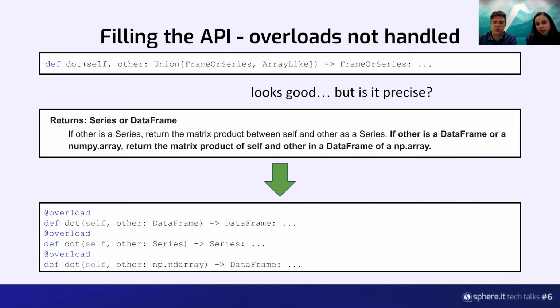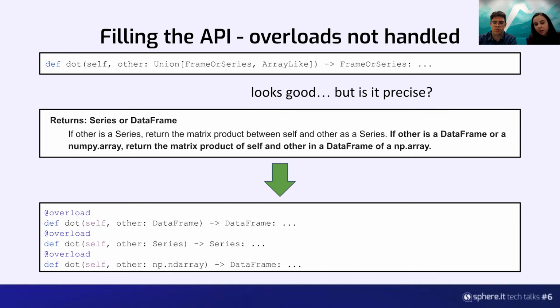So we can include this information in the stub by doing the overload of annotations for the dot method. In the bottom piece of code, we can see three parallel definitions for the dot method, and each of them has a different signature.